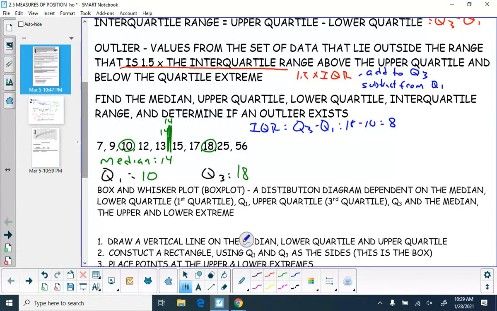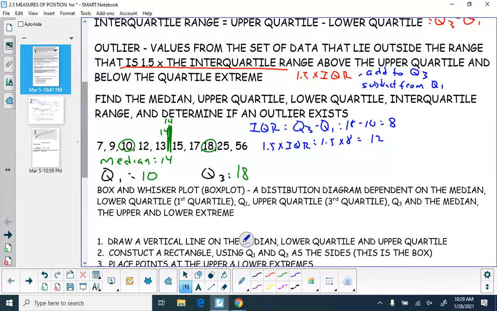Now to find if we have outliers, we take 1.5 times the interquartile range. So we have 1.5 times 8, which should come down to 12.